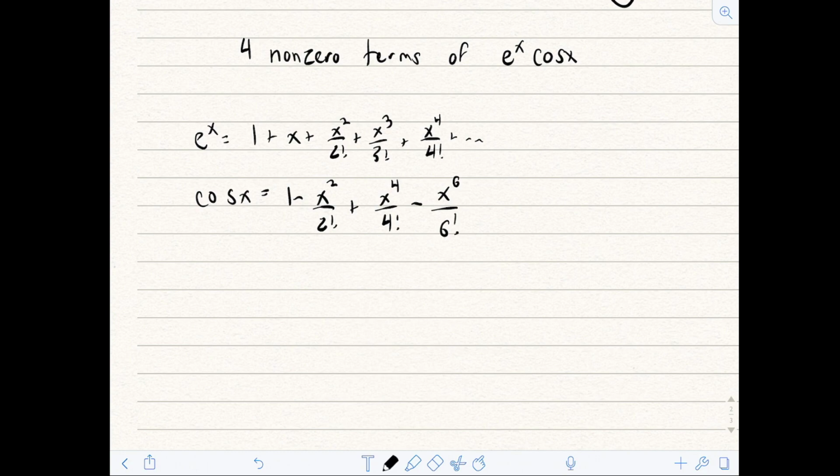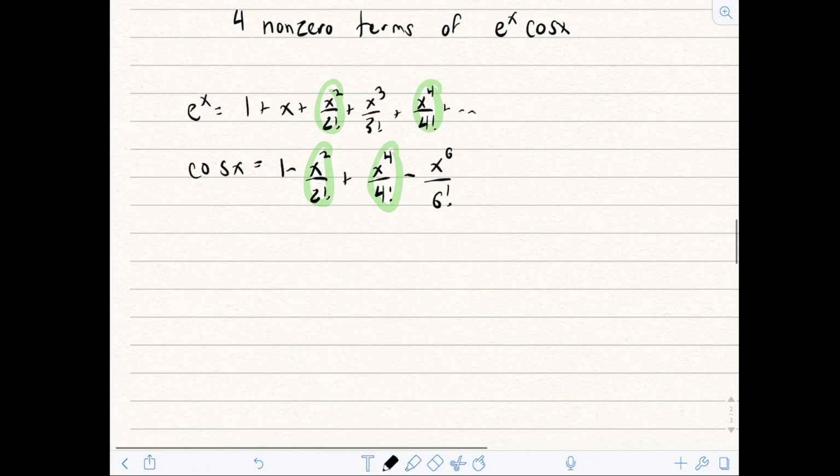Now, the interesting part here is that we can see a couple things in relationship to these values. They both have, let's say, an x to the fourth. They both have an x squared that end up having the same common denominator. So it's almost kind of like this. Ready?